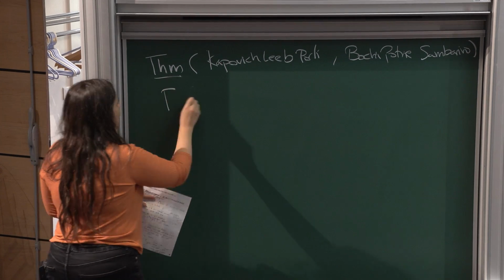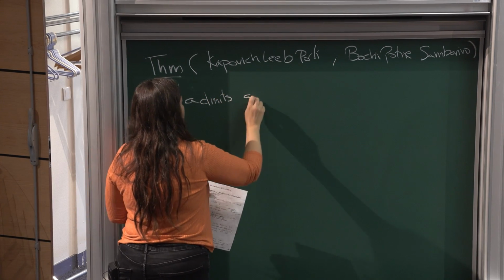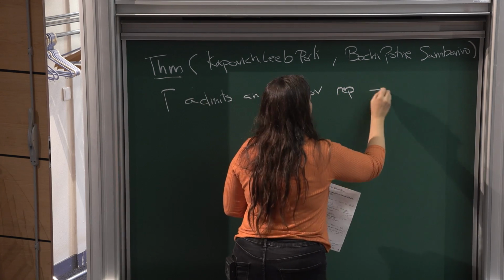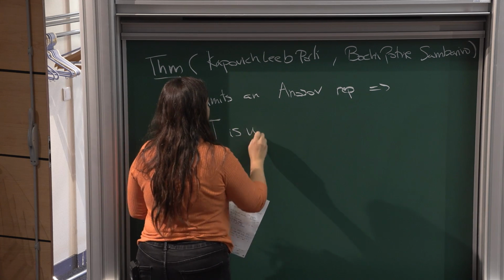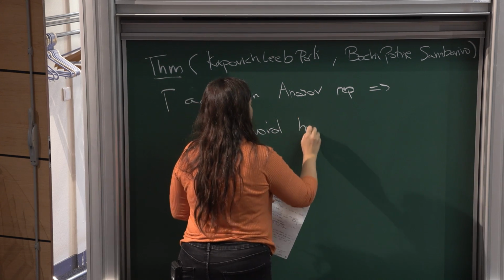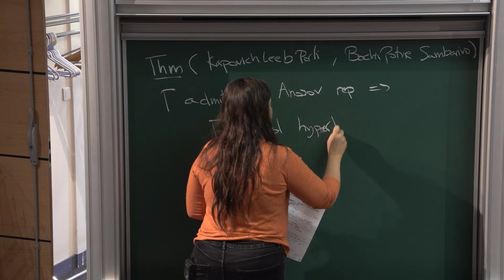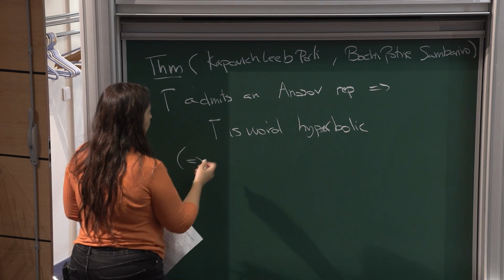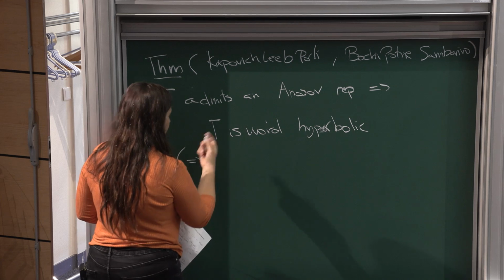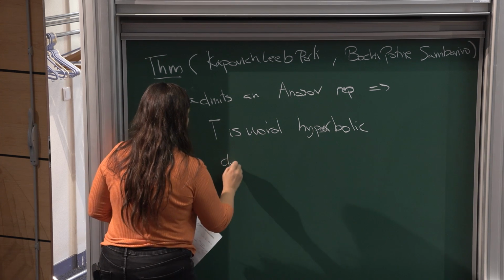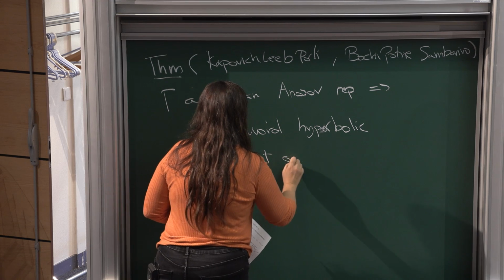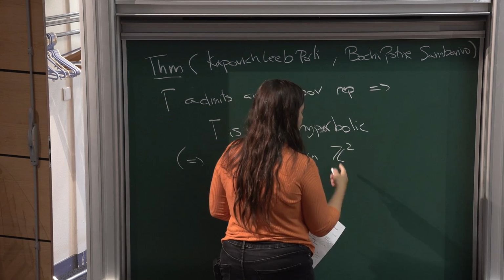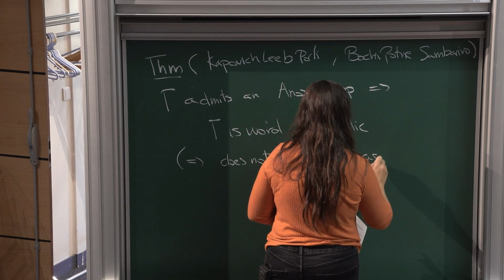It says that if gamma admits an Anosov representation, then gamma is word hyperbolic. If you don't know what word hyperbolic means, think that it doesn't contain Z times Z, the free abelian group of rank 2, as a subgroup.